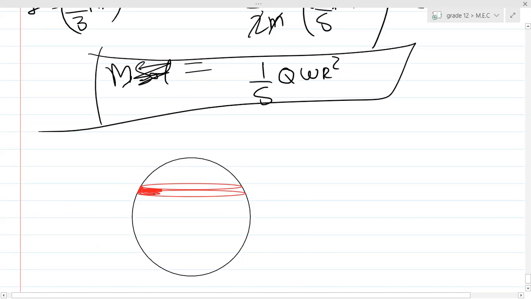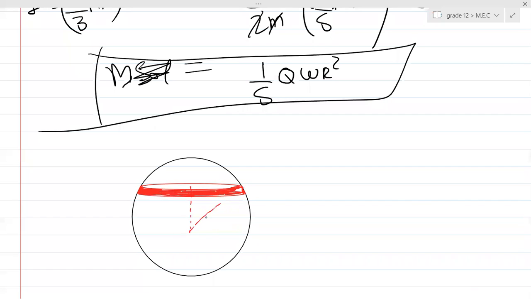Can you see a disk over here? This is a disk. It forms like this.